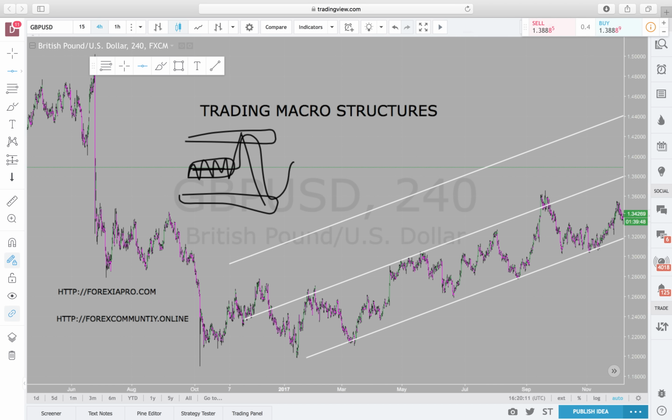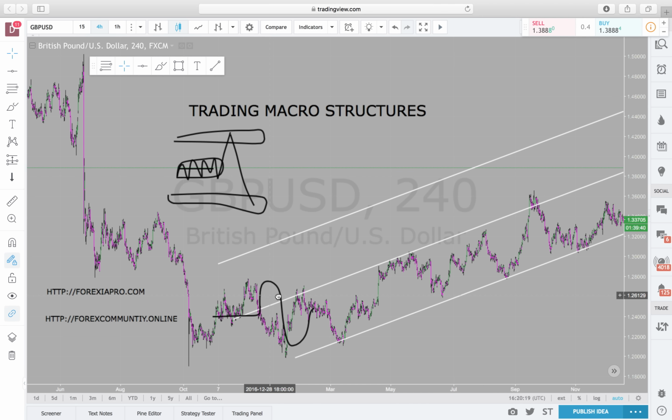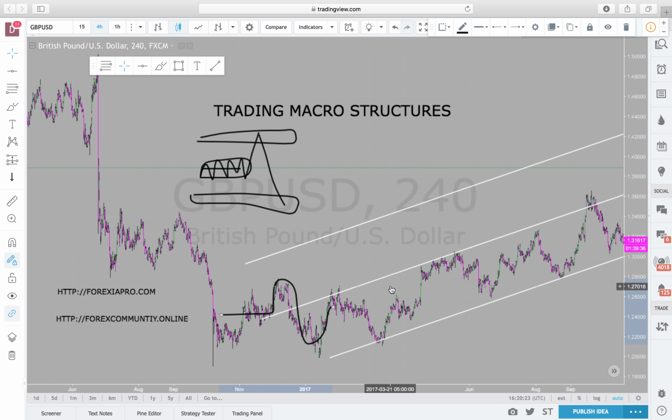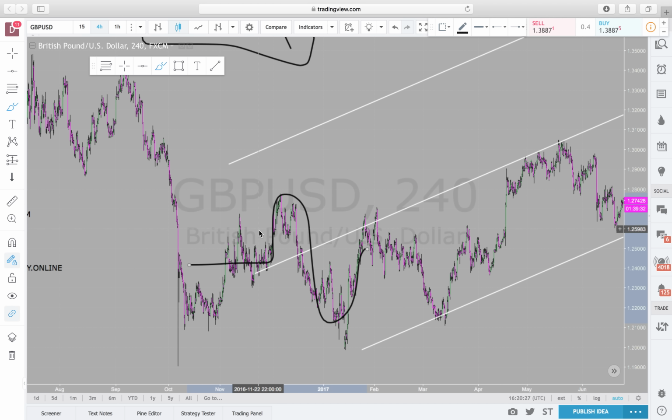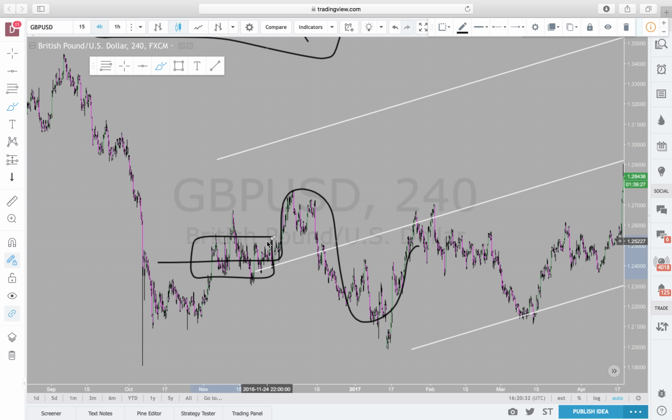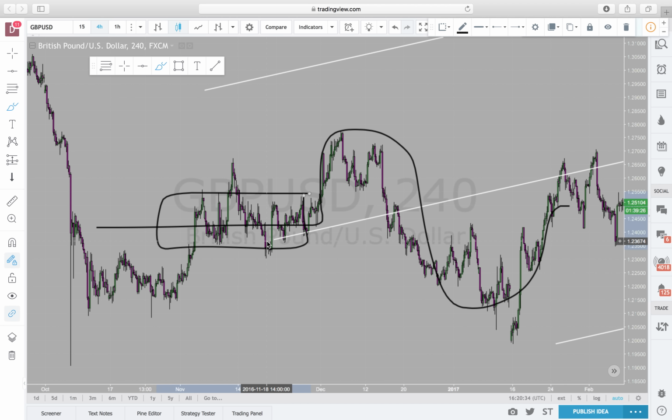So if we want to understand this better, here it is, basically. We have that consolidation. And then, where are the stop losses?